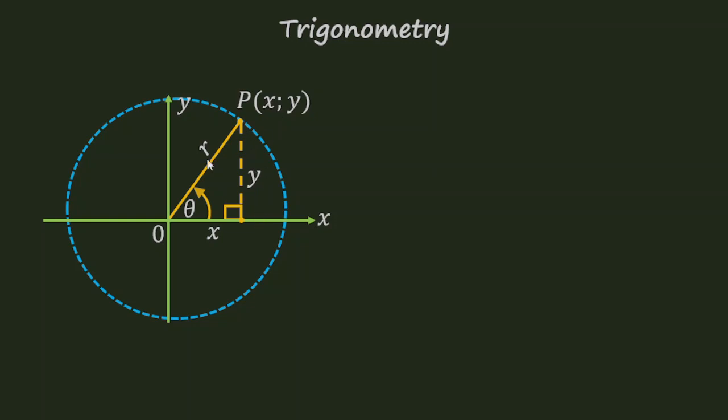We can use this right-angled triangle to find the trigonometric ratios in terms of x, y, and r. The sine of theta will be given by the opposite over the hypotenuse. Our opposite to theta is y, hypotenuse never changes. The cos of theta will be given by the adjacent over the hypotenuse, and the tan of theta will be given by the opposite over the adjacent.